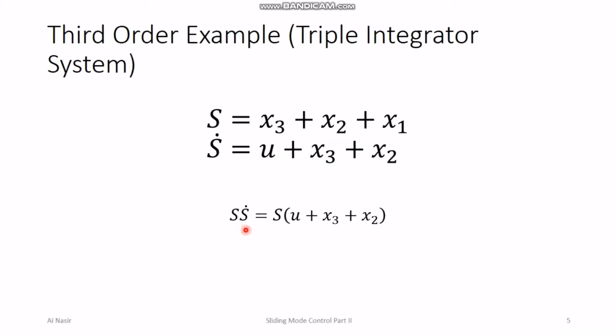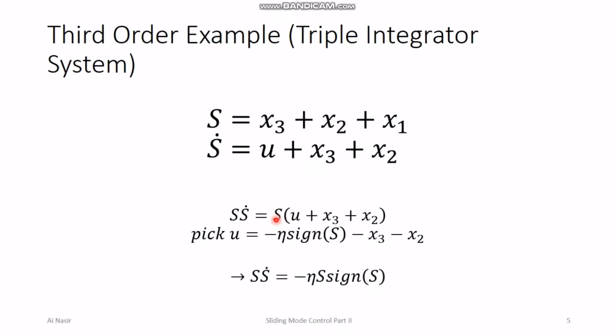So we write s times s dot equals s times, we put in the expression for s dot, and then if we pick u to be minus eta sign of s minus x3 minus x2, then x2 and x3 will be cancelled out, and what we will have inside the bracket will be minus eta sign of s, and when this is multiplied by s, then the sliding condition is satisfied.